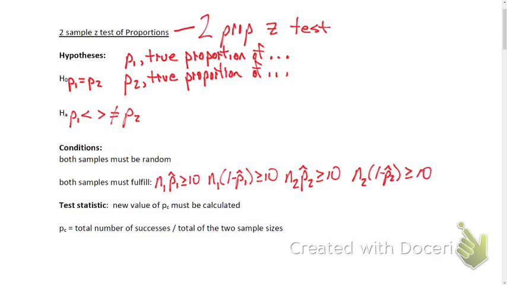And if all four of those are true, then approximately normal.